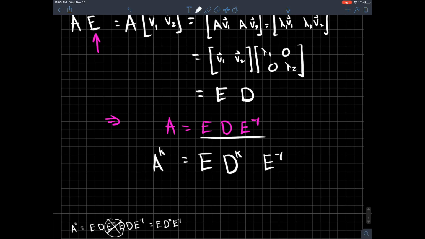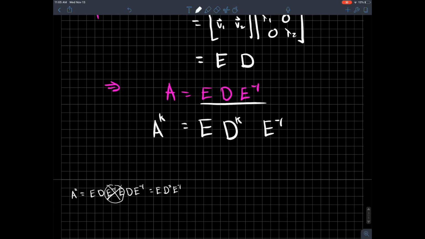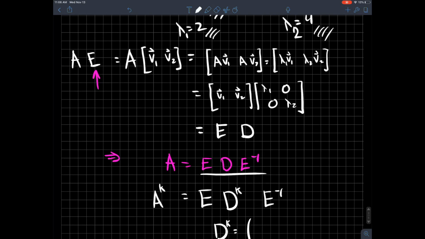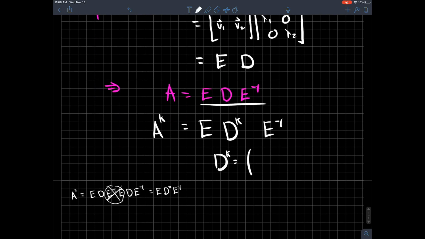Let's zoom in on D to see what's happening, because we want to plug this into the Taylor series. When we do that, we want to focus on what's happening within the entries. Let's remember what D is: D is 2, 4. So we have here 2, 4, and then 0, 0.